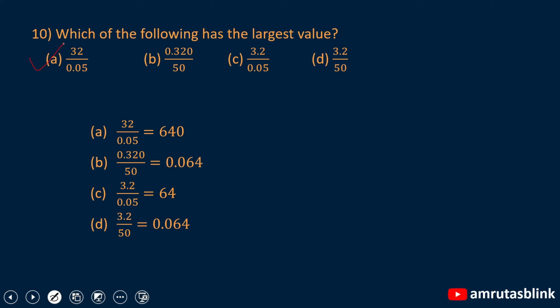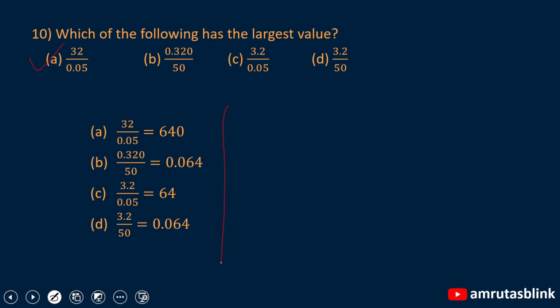Now if you cannot do these calculations, there is a simple way. Now if you observe the numerators of all the four options, it is 32, 0.320, 3.2 and 3.2. And if you observe the denominators, they are multiples of 5: 0.05, 50, 0.05 and 50.